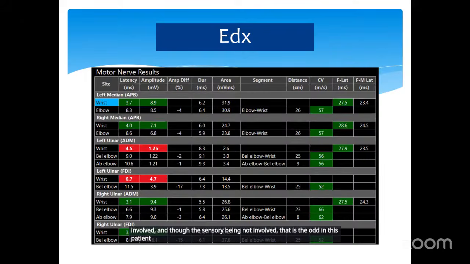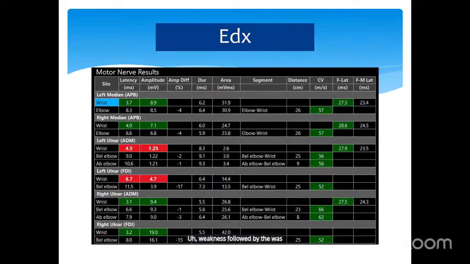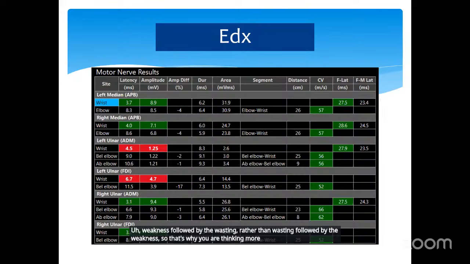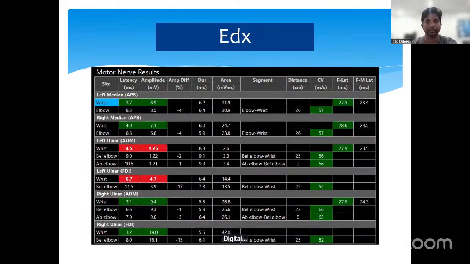The patient had weakness followed by wasting, rather than wasting followed by weakness. So that's why you are thinking more towards the ulnar nerve, distal, okay. Distal to the wrist, I am thinking, ma'am.